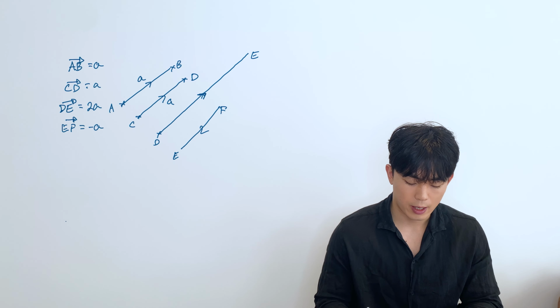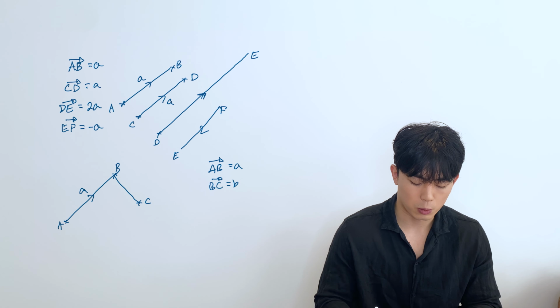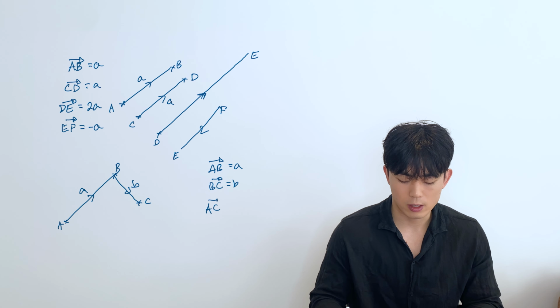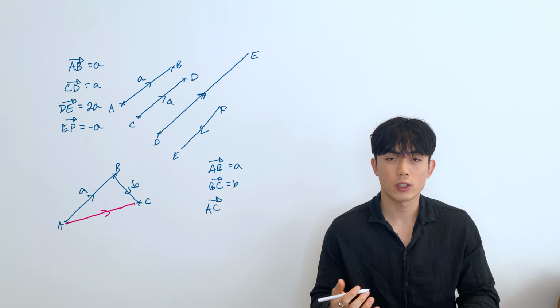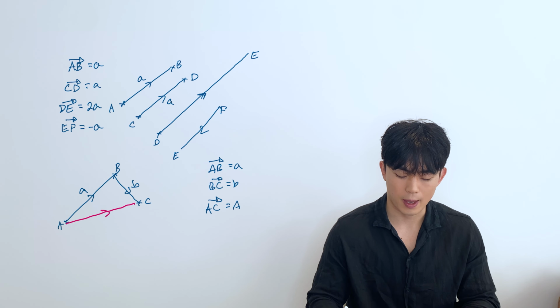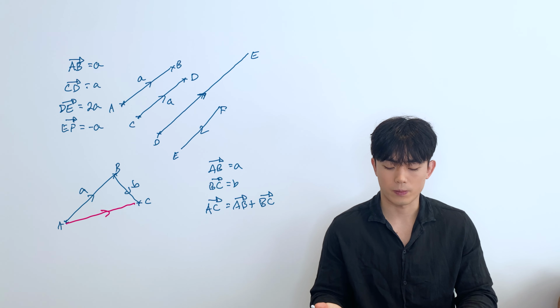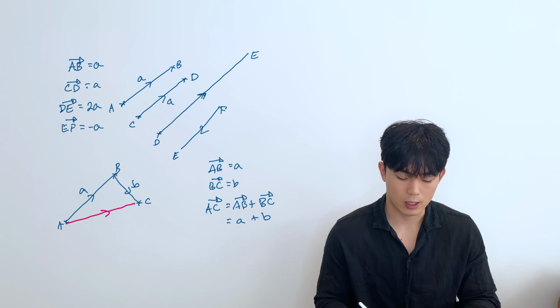If I now have A here, B, and then C here, and I told you that A to B is a, and B to C is b, that means this is small a, this is small b, and I'm trying to find A to C. So what we can do is find a route from A to C. A to C is essentially going from A to B, then I add B to C. That way I start at A and get to C. So A to B was small a and B to C was small b, so this vector A to C is just a plus b.